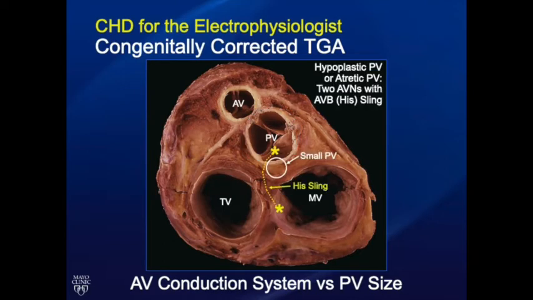On the other hand, if the pulmonary annulus is small, those patients are more likely to have two AV nodes. And the AV node that's new here is this anteriorly located AV node, kind of at a fusion point or continuity point between the pulmonary annulus and the mitral annulus.